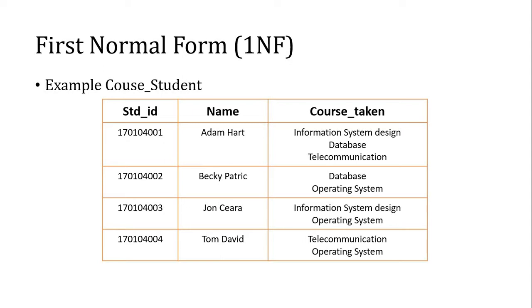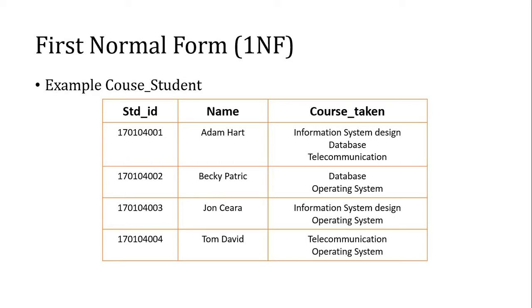A student is taking 3 courses, but the 3 courses are inserted in a single tuple. That creates a problem when you run analytics on how many courses this student has taken. If it is inserted in the same tuple, it might return one row, right? If the student is taking 3 courses, it needs to return 3 rows.